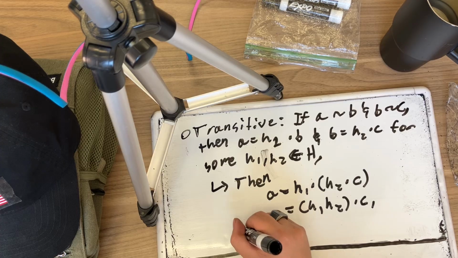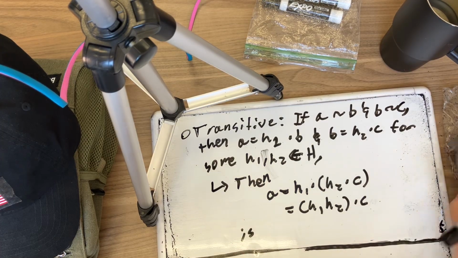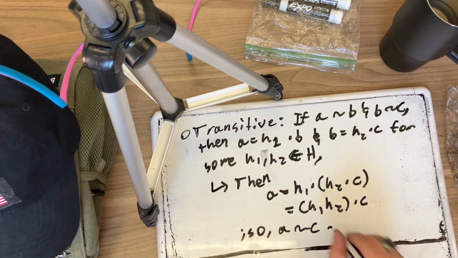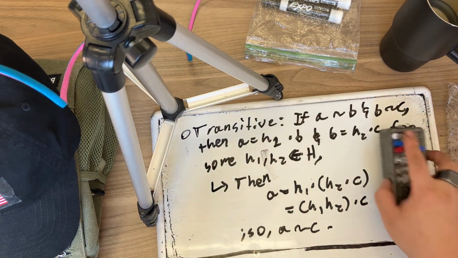So a tilde c. There we go. We have the three properties in a row.